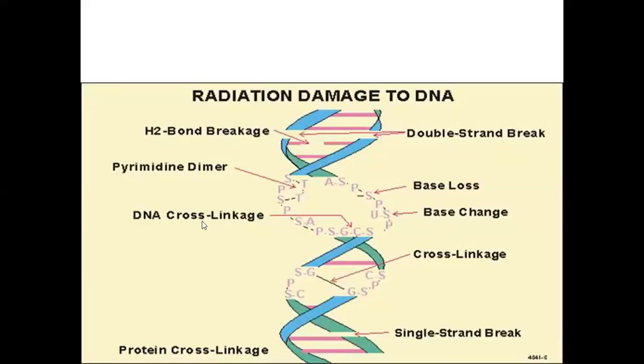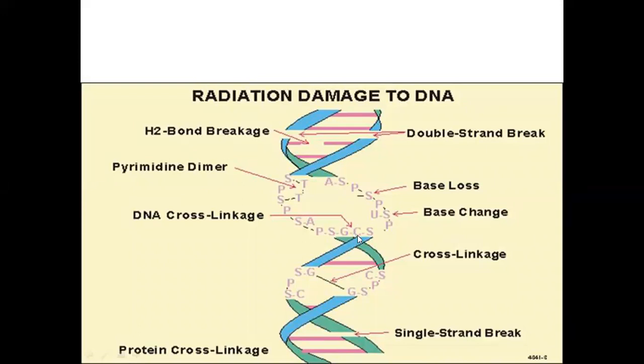So this is simply summarizing what radiation does, whether ionizing or non-ionizing. The formation of dimers, in the case of UV light, we mentioned that. We also mentioned that ionizing radiation can cause cross-linkage of DNA, as in this case.